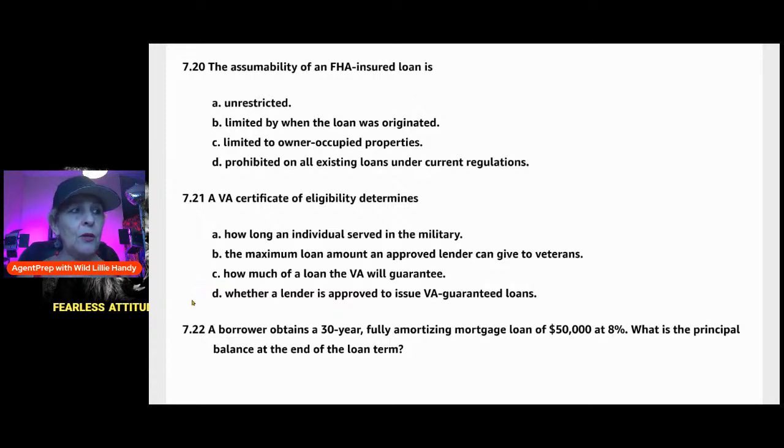Or D, whether a lender is approved to issue a VA guaranteed loan. So which one is it? How long they served in the military, the maximum loan amount they can approve, how much of a loan the VA will guarantee, and whether a lender is approved to issue VA guaranteed loans or not.